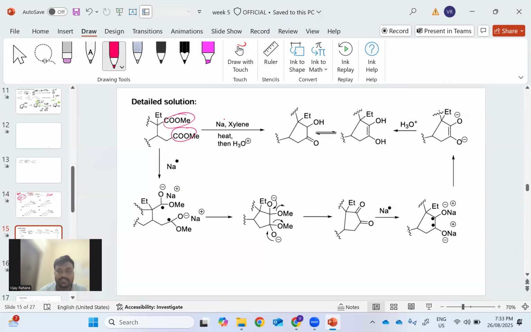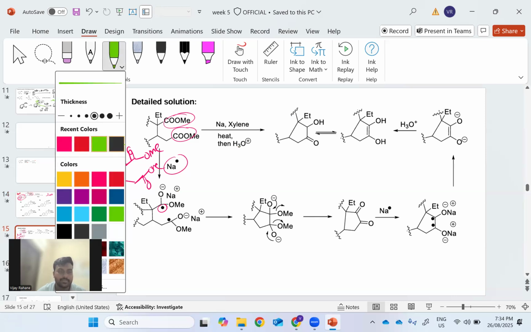So here this ester, what does it do? It takes the electron from the sodium, and now this is the electron that has taken this double bond O of this ester group. So I'll just draw this again. OMe, and this is the double bond O. So Me.